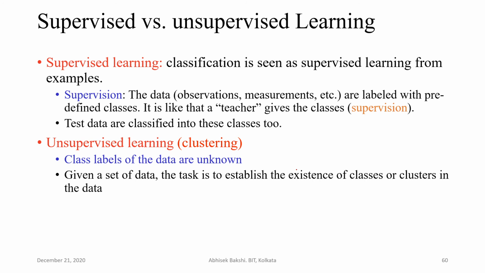But in unsupervised learning, as I told you, there is no teacher, so there is no label. If you have a set of points with labels associated with them, it can be used for supervised learning. But if you forget about the labels, only the feature set is left.